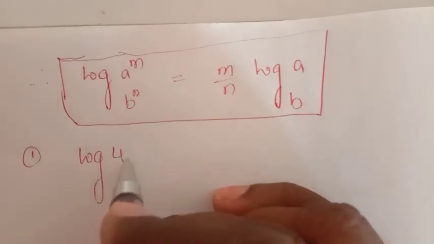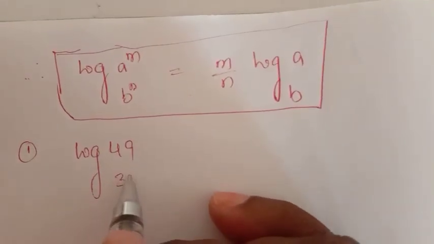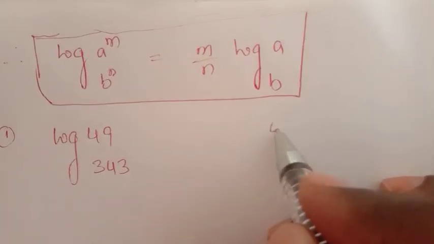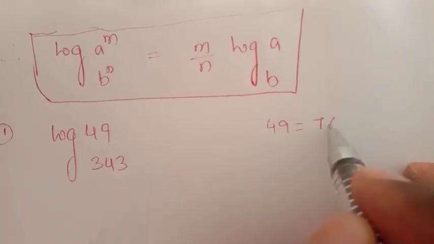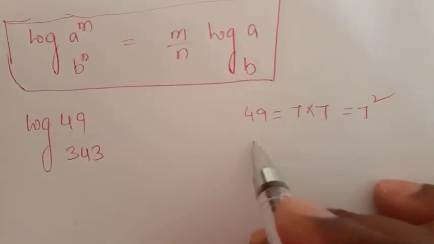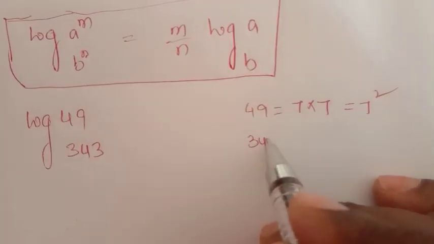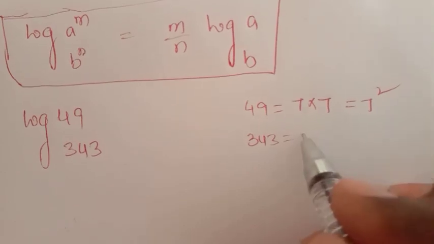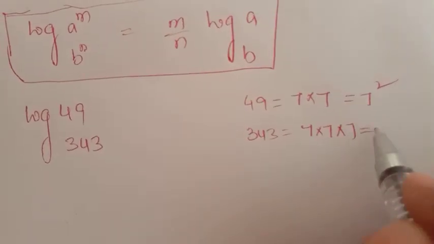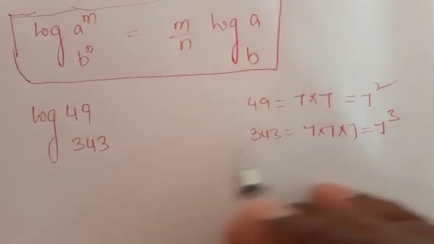Log 49 base 343. Here 49 can be written as 7 into 7, that equals 7 square, and 343 can be written as 7 into 7 into 7, that is 7 cube.